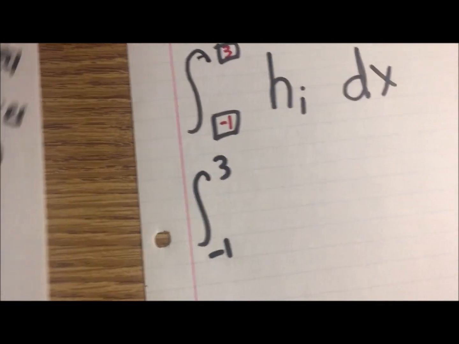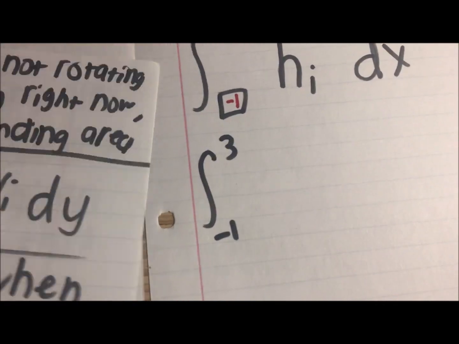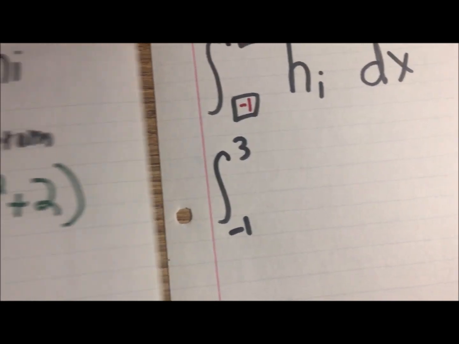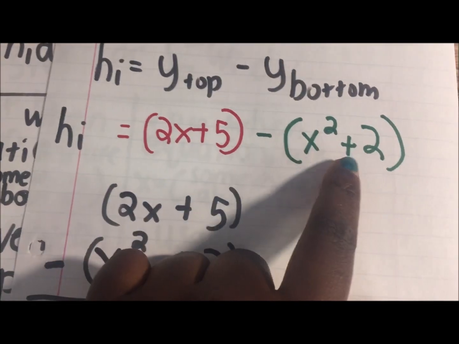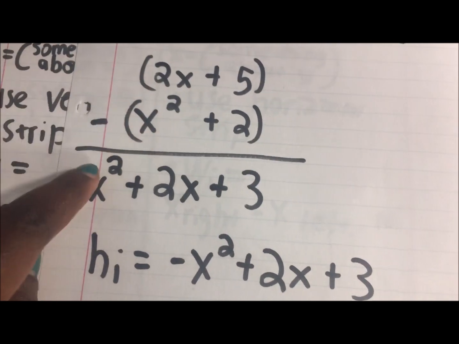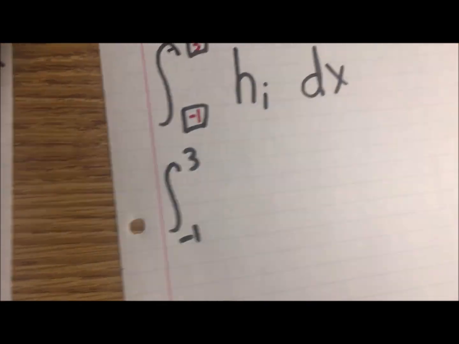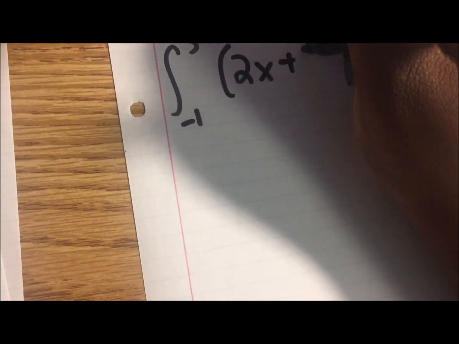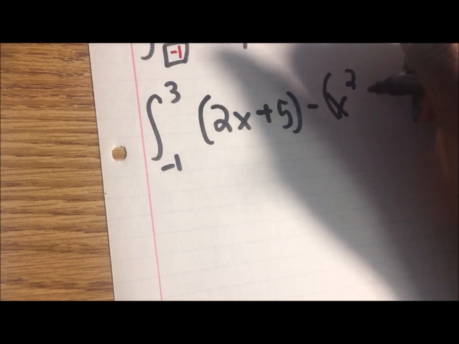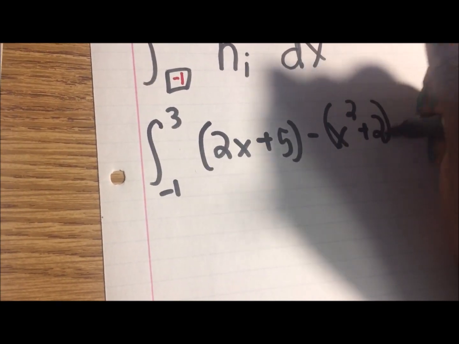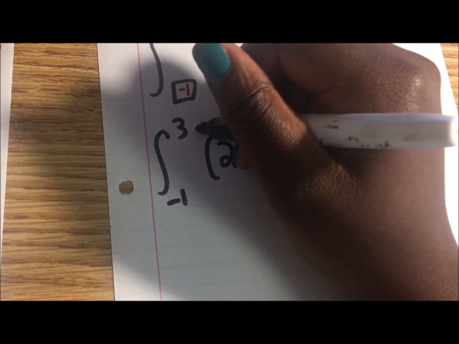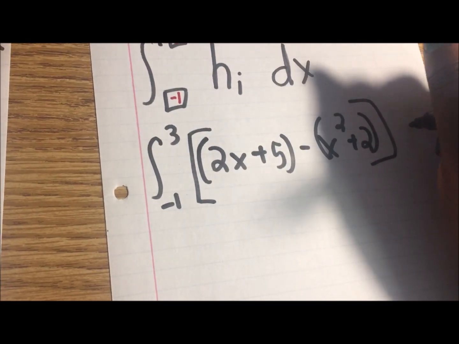From step 3, we already found HI, which was this minus this, which when you subtract it really equals this. But let me write it twice so you can understand it. It's (2x plus 5 minus (x squared plus 2)) dx. Do not forget dx.